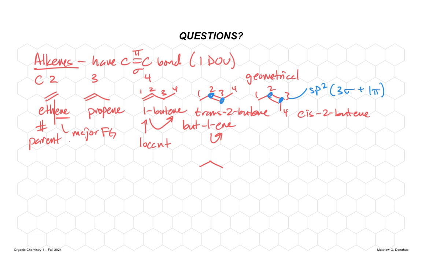So there's 3 carbons. We'll plunk in a double bond because it needs it. And then we need to add the 4th carbon. So when we do this, it can only go on carbon 2. If we put it on the ends, 1 or 3, we're just making something we already made.